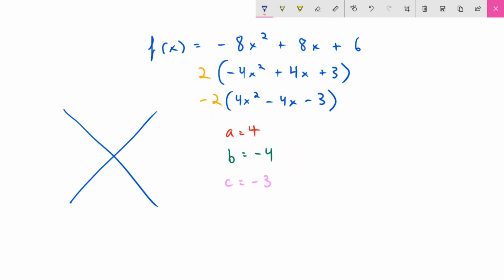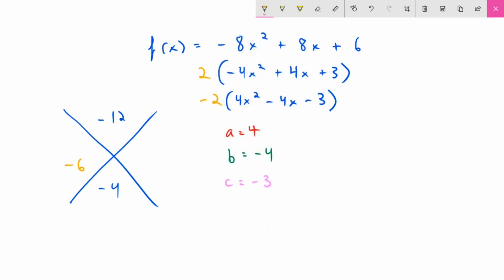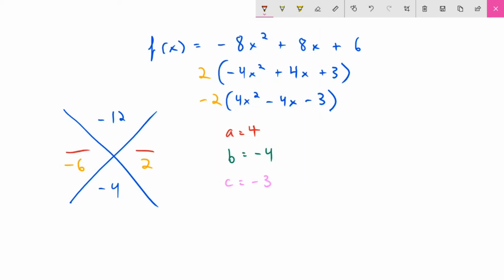All right, so 4 times negative 3 is negative 12. In the bottom space, it's going to be B, which is negative 4. What are the two factors here? It's going to be negative 6 and positive 2. What do we need to check for right here? Is A 1? No, it is not. It is 4. So I'm going to set up my fraction line, and put 4x on top of both.